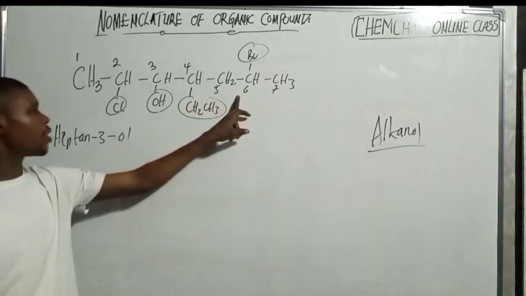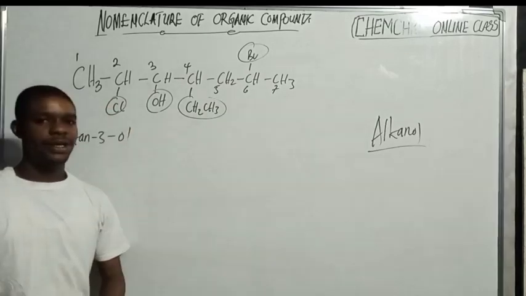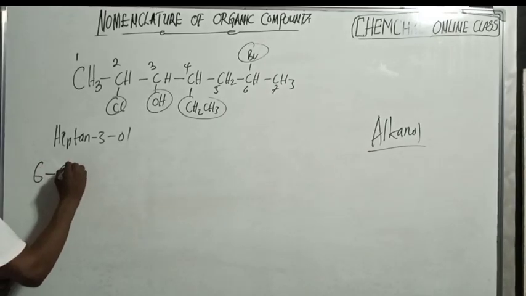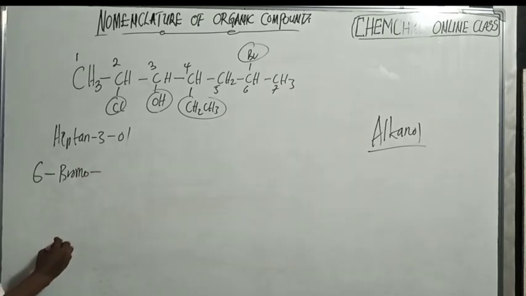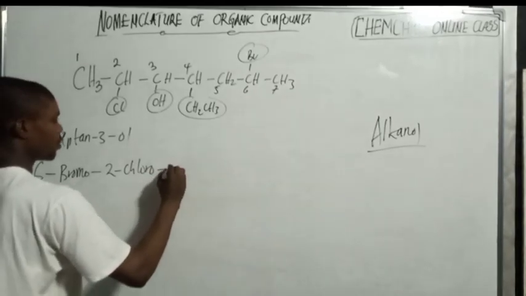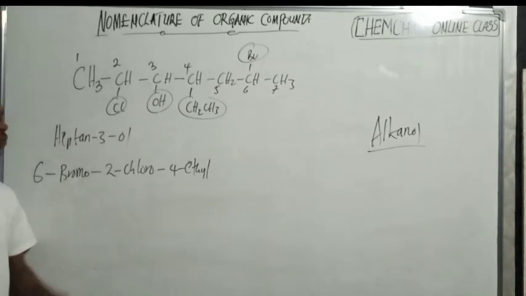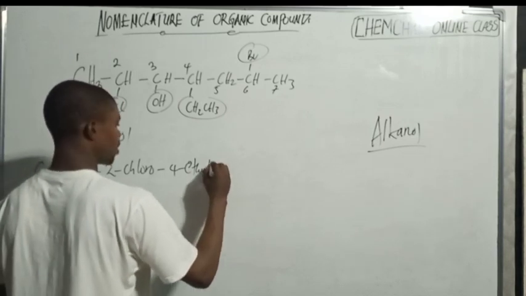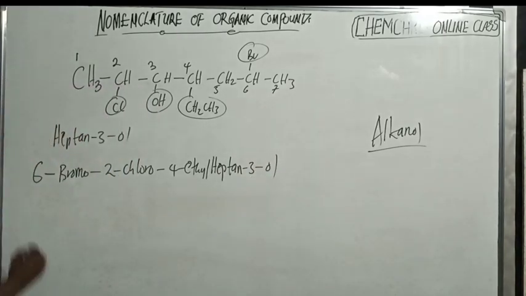Now B comes before C and C comes before E: bromo, chloro, and ethyl. Arranged alphabetically, it is 6-bromo, 2-chloro, 4-ethyl, then hepta-3-ol. So this is the name.